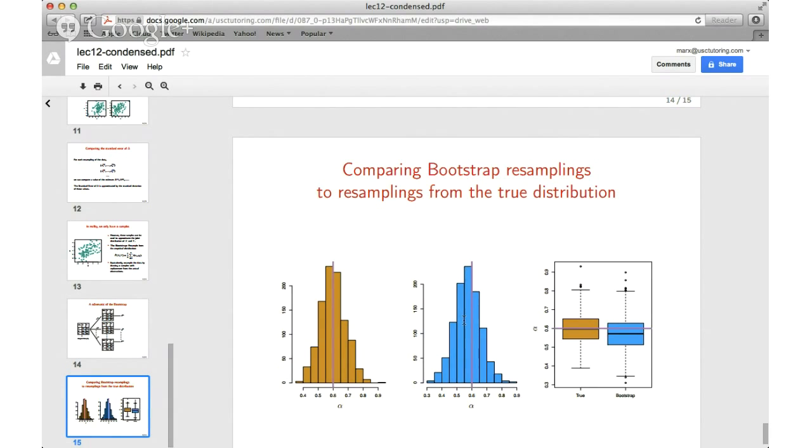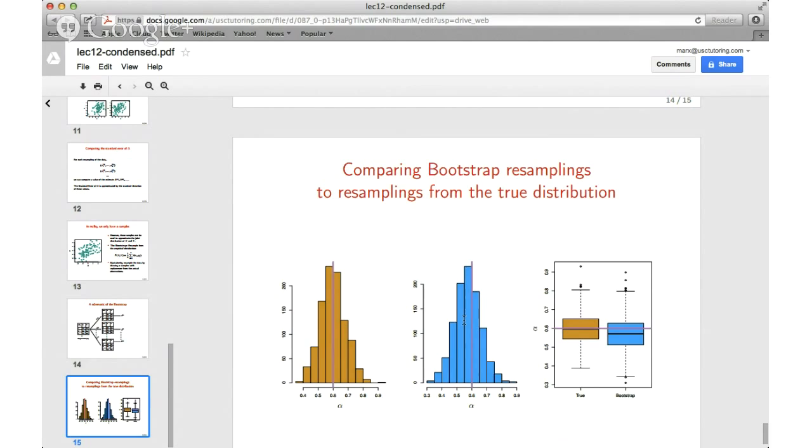Then you can find the standard error and assure that it will be within a set of possible values. You can build a confidence interval for the statistics that you're computing.